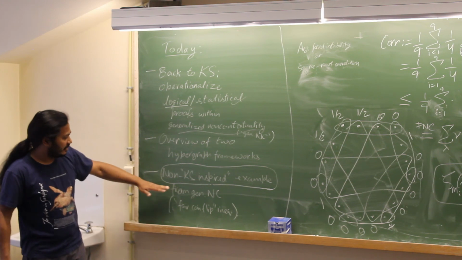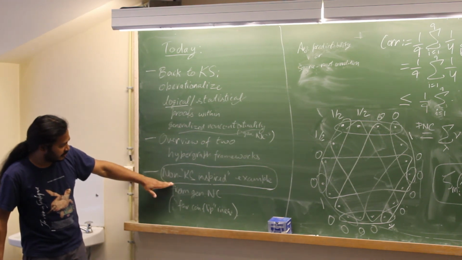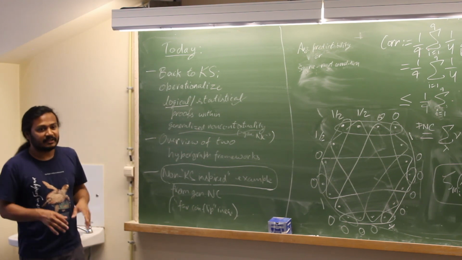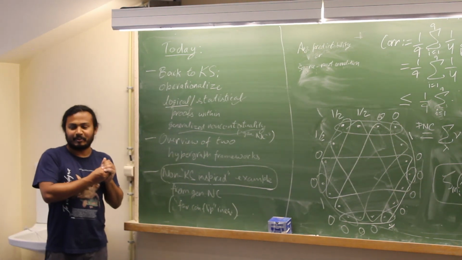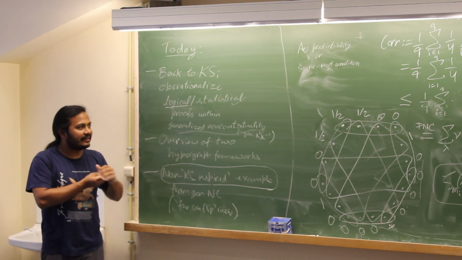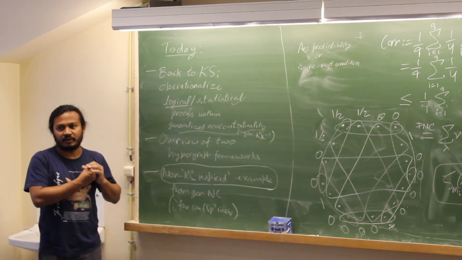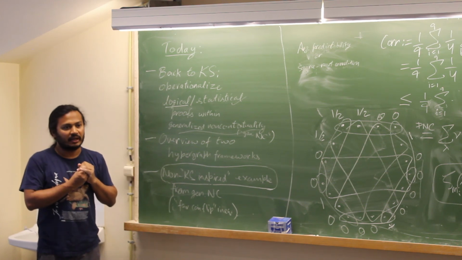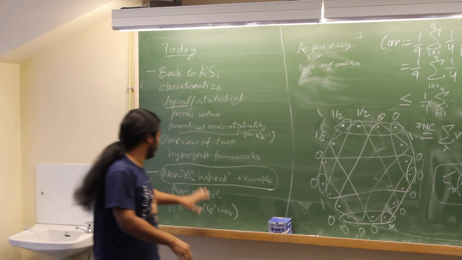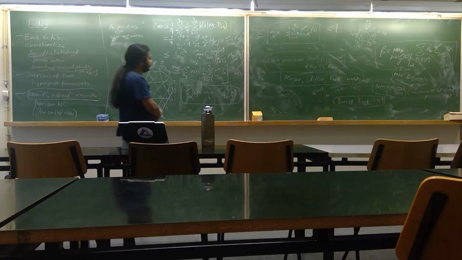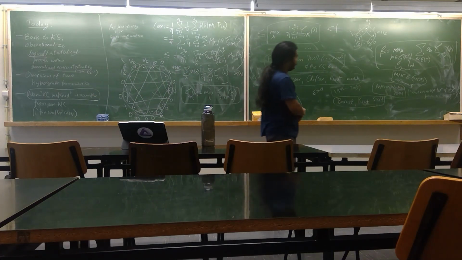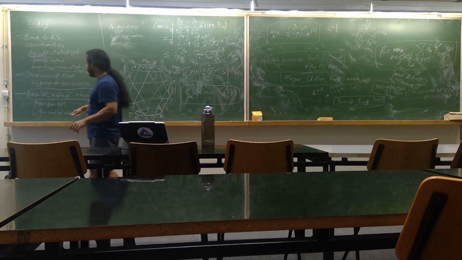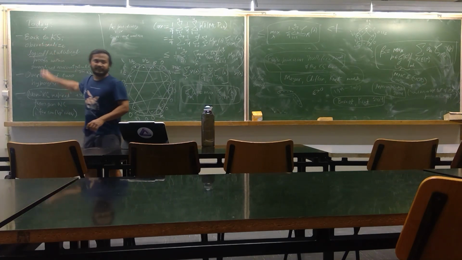And then maybe if I have some time, I will say something about this non-case inspired example. I've never gone to GPTs, this was supposed to be about general probabilistic theories, but I didn't want to break the continuity from the last one, I just wanted to make sure that the central ideas get across. In the next one, I will maybe just do an overview of the GPT stuff. I'll probably not go into a lot of detail, but I will try to give you a sense of it.